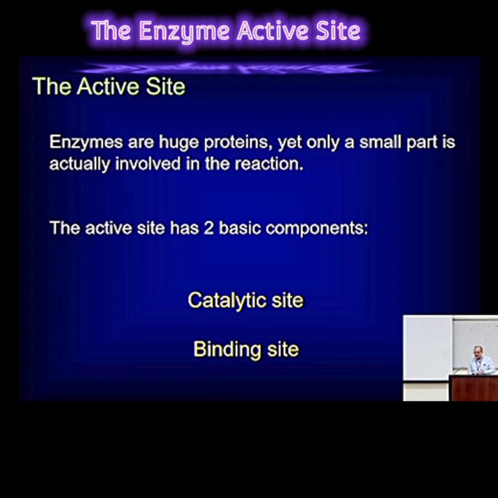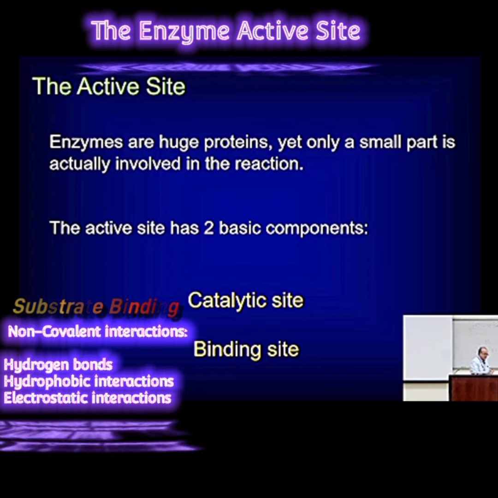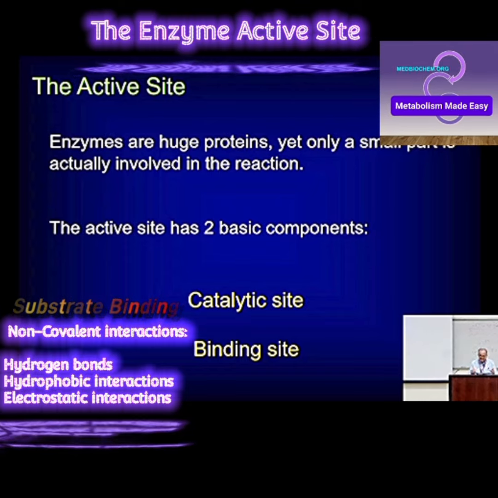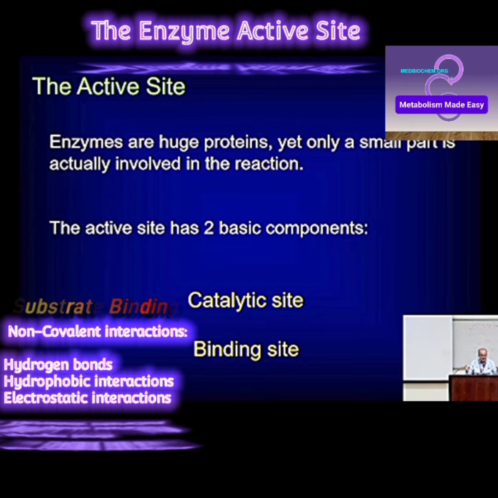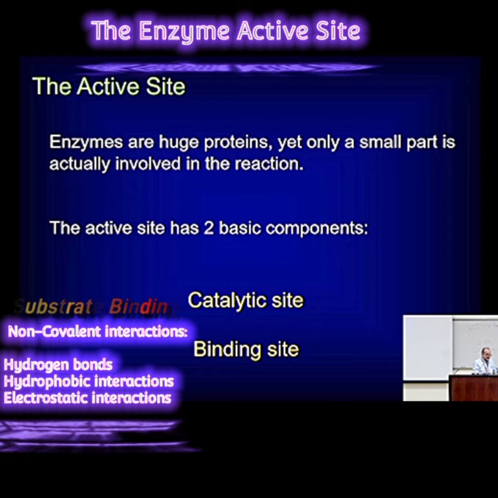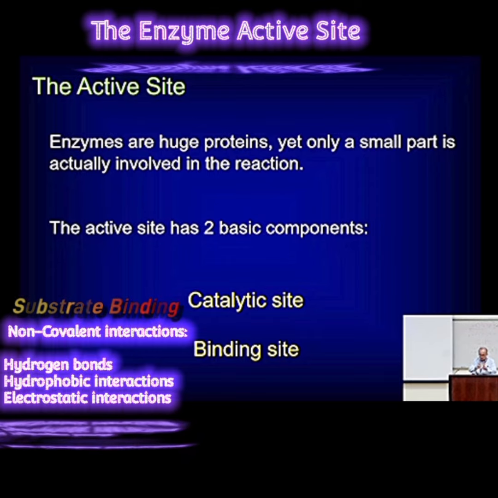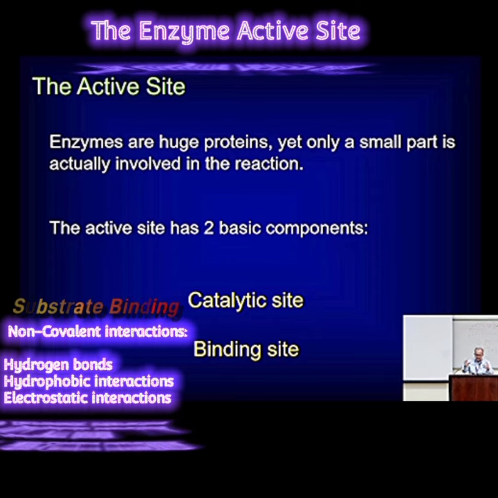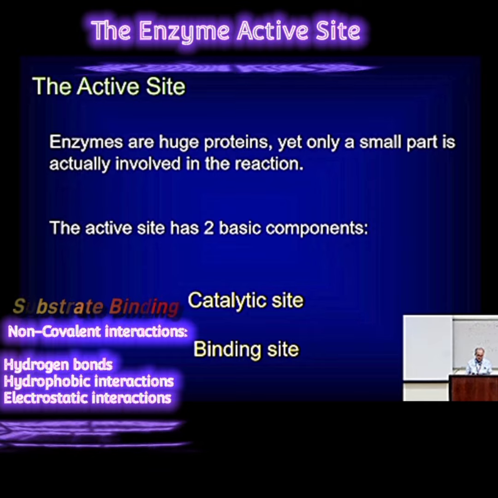Importantly, the substrate and the enzyme will interact through non-covalent interactions of the substrate with the R groups that are lining up that binding site. Okay? No covalent bonds, just interactions between the substrate and the R groups that are exposed in the binding site.